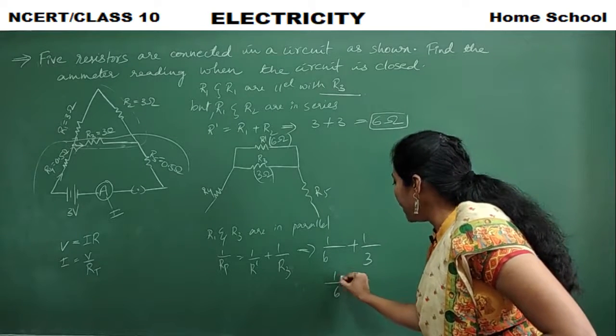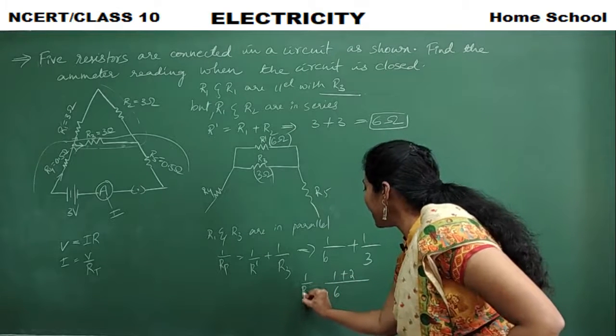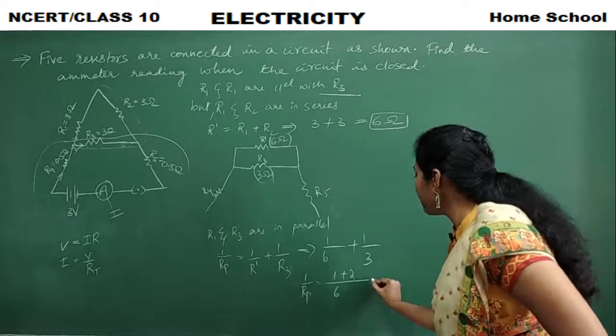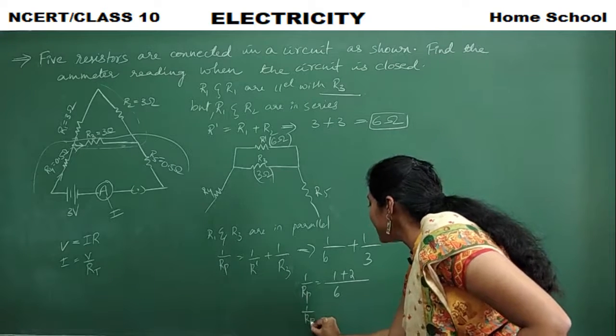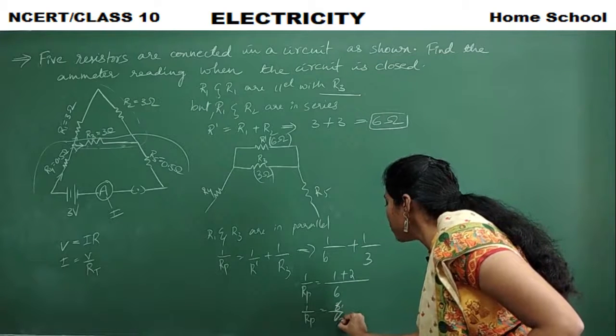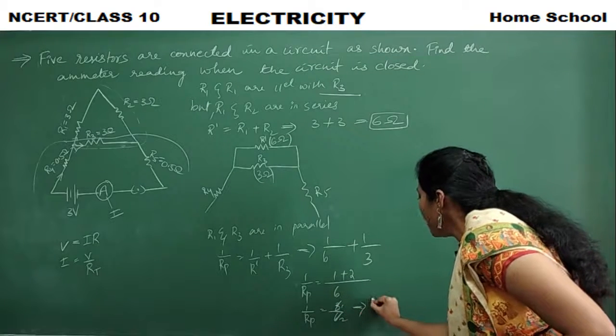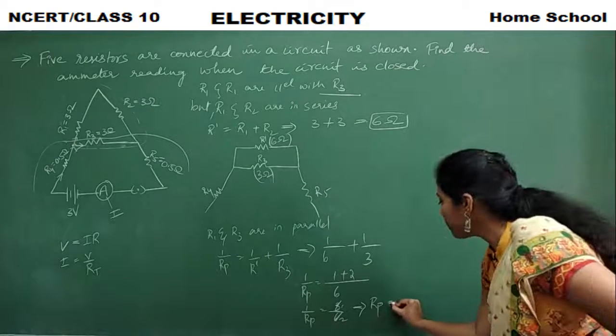So 1 plus 2. 1 by Rp is equal to, what do you get? 1 by Rp is equal to 3 by 6. That is 1s are 2s are. So I would be getting Rp is equal to how much?